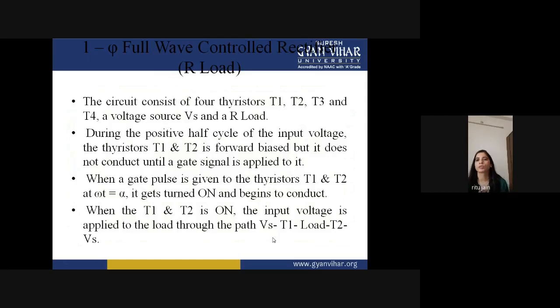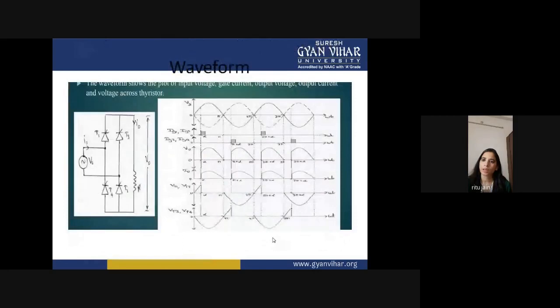Now we come to the next converter, which is your single phase full wave controlled converter with R load. In the diagram you can see that we are using four SCRs, T1, T2, T3 and T4, and the supply voltage is Vs. The load connected to this converter is only resistive load.